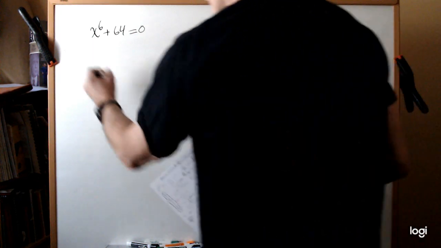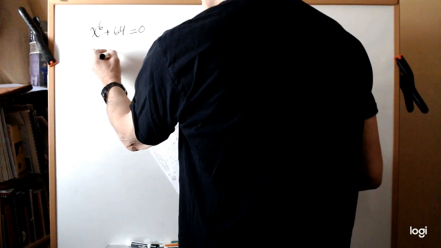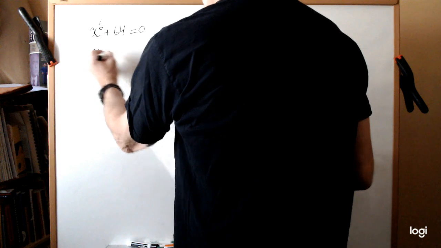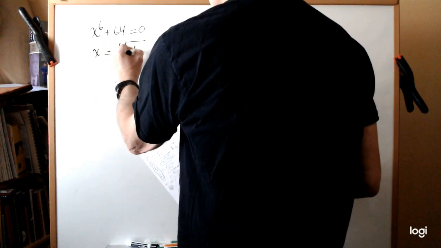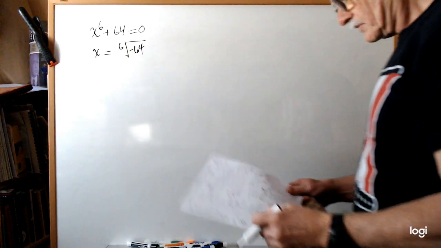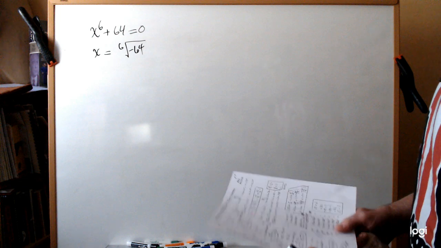So in other words, x to the sixth is negative 64. So x would be the sixth roots of negative 64.